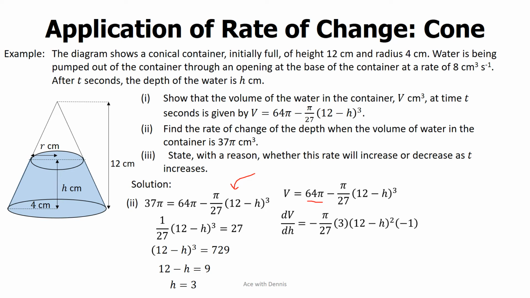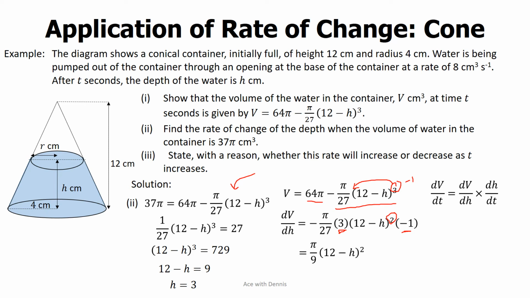Then we differentiate this part, so the power comes down. We copy the bracket first, 12 minus h, and then the power minus 1, so 3 minus 1 we get 2 here. After that, differentiate the bracket: differentiating 12 we get 0, differentiating negative h we get negative 1. Then we simplify and get pi over 9 times (12 minus h) squared.